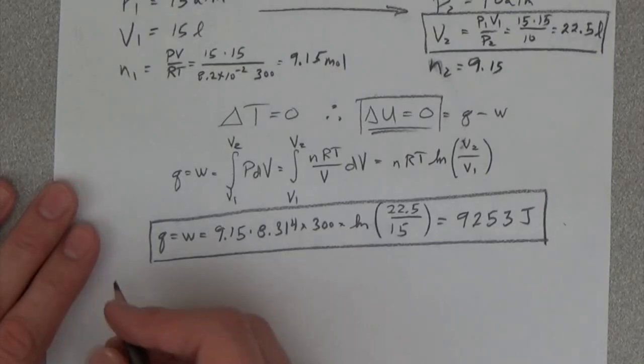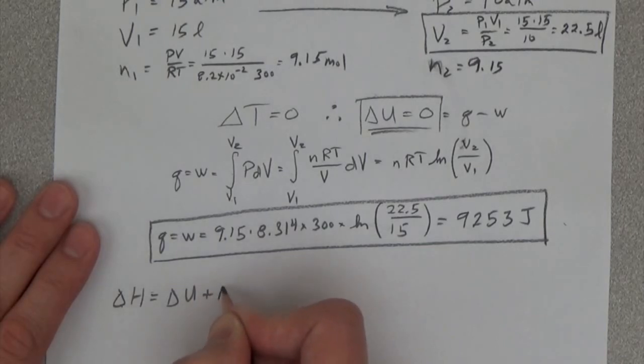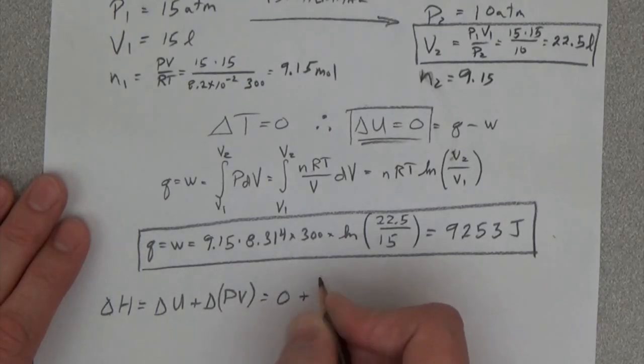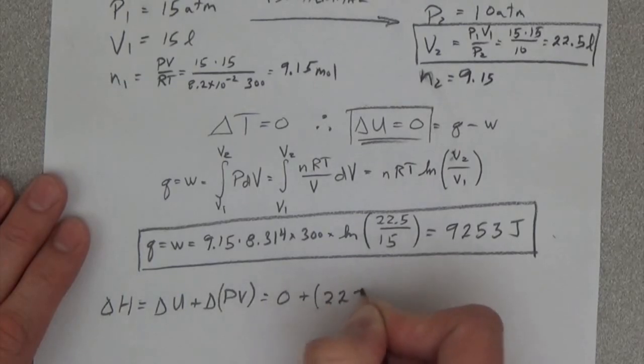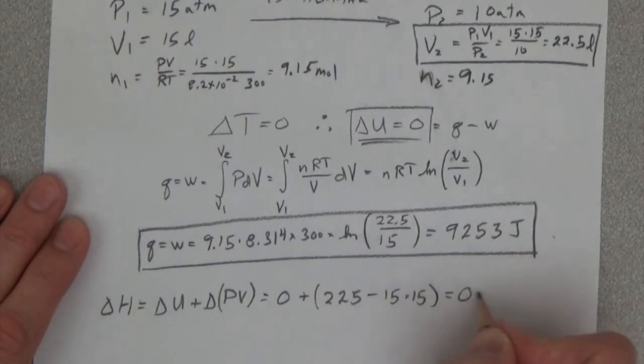The enthalpy, delta H, is equal to delta U plus delta PV, which is equal to 0 plus 225 minus 15 times 15, which equals 0.